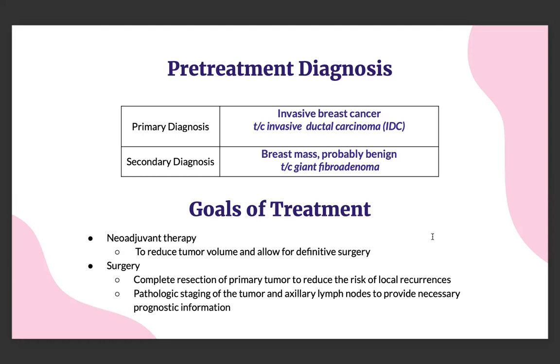And then later on to do surgery in order to completely resect the primary tumor and reduce the risk of local recurrences. And this is also important for the pathologic staging of the tumor and axillary lymph nodes to provide necessary prognostic information.